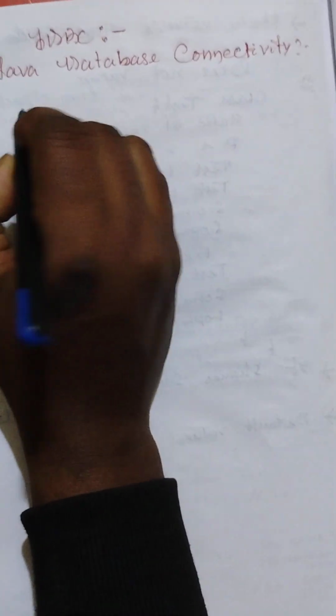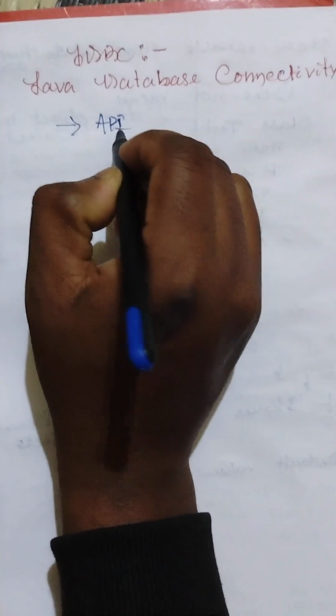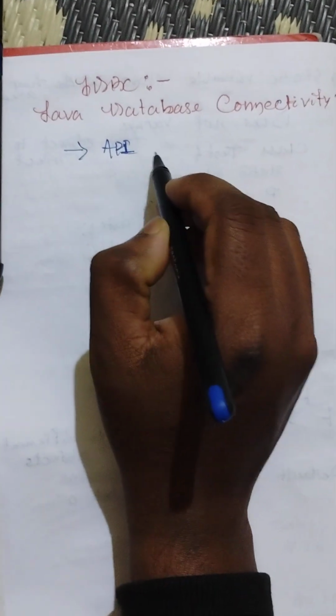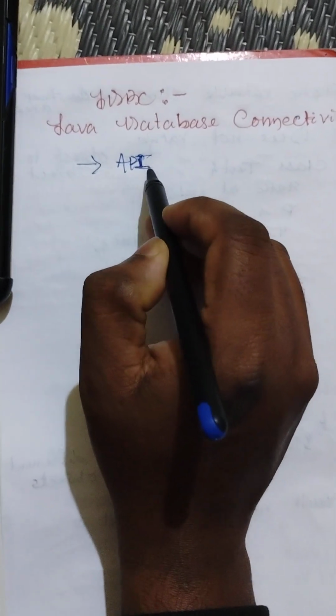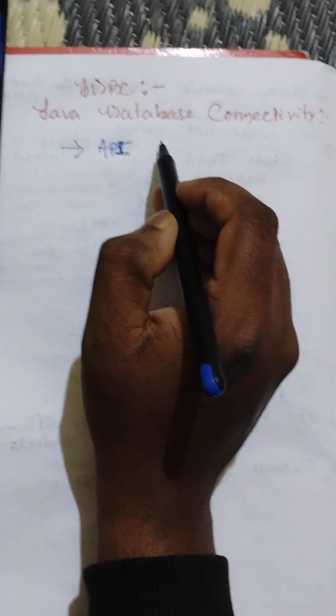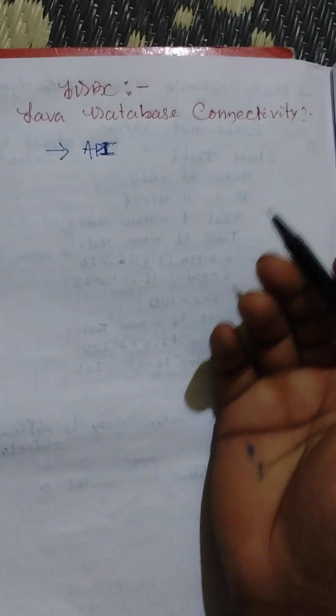JDBC is an API. API means application programming interface. Interface means having some abstract methods. We have to override them and provide our implementation.